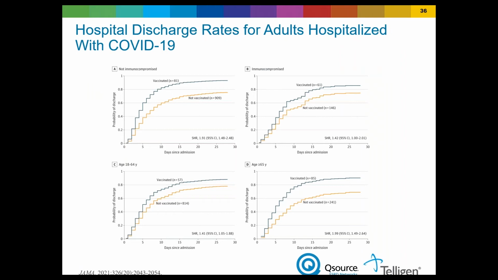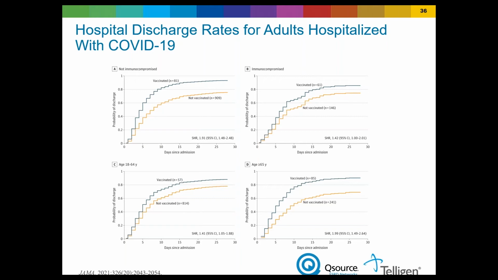So this study looks at hospital discharge rates, the likelihood of being discharged, hopefully alive or leaving out of the hospital in adults who are hospitalized with COVID infections. Just want to point out a few differences. The top panel compares those who are immunocompromised and not immunocompromised. So the difference was less so in immunocompromised individuals, which we might expect because they're already at high risk, and the benefit from COVID-19 vaccination was probably not as robust as in those who were not immunocompromised.